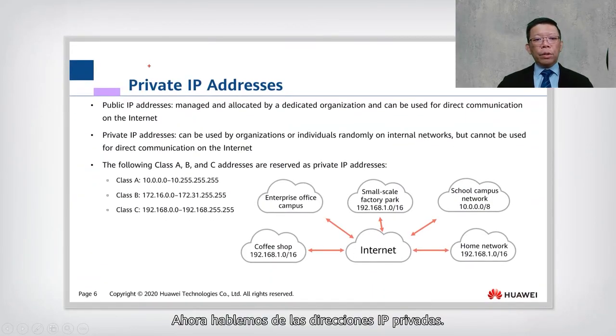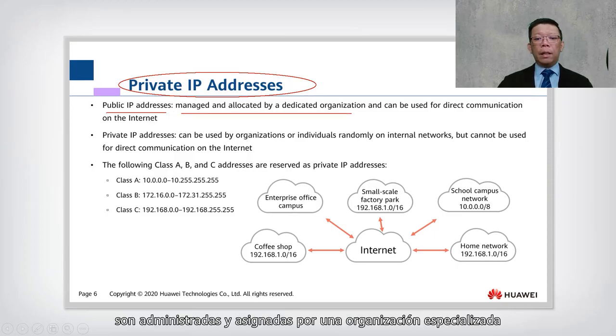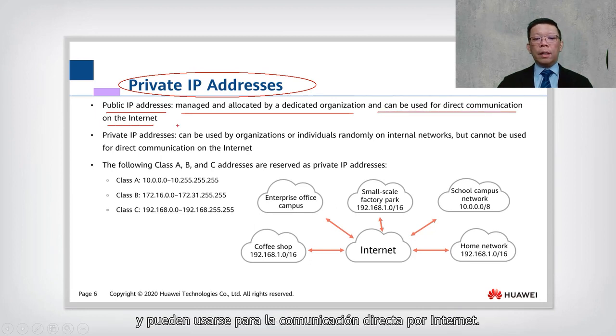Now let's look into what we call private IP addresses. Before we look into private IP, we already mentioned we need to have an IP address. So we do have public and private. Public IP addresses are managed and allocated by a dedicated organization and can be used for direct communication over the internet.